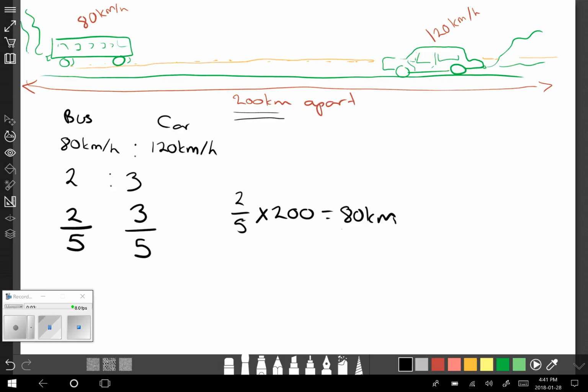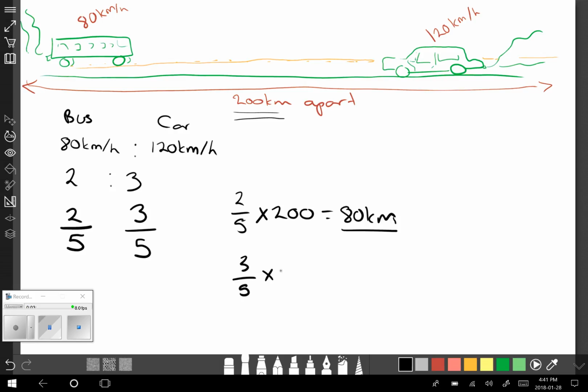So we know that 80 kilometers is 2/5 of 200, which means that the bus drove 80 kilometers. We could just figure out that the rest of the distance was driven by the car. However, we'll do this again to make sure that our math was correct.